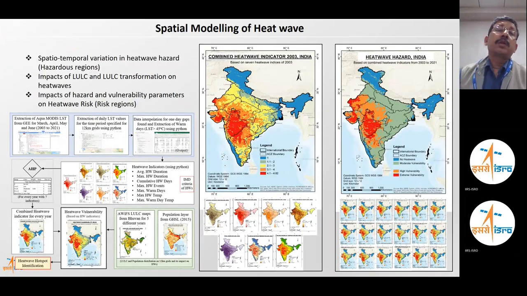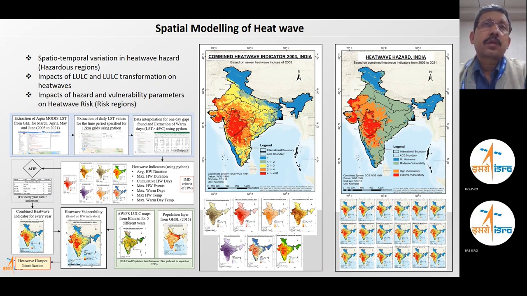And then we come to the environmental disasters. Nowadays we basically hear about the heat waves. Very little work has been done on this.